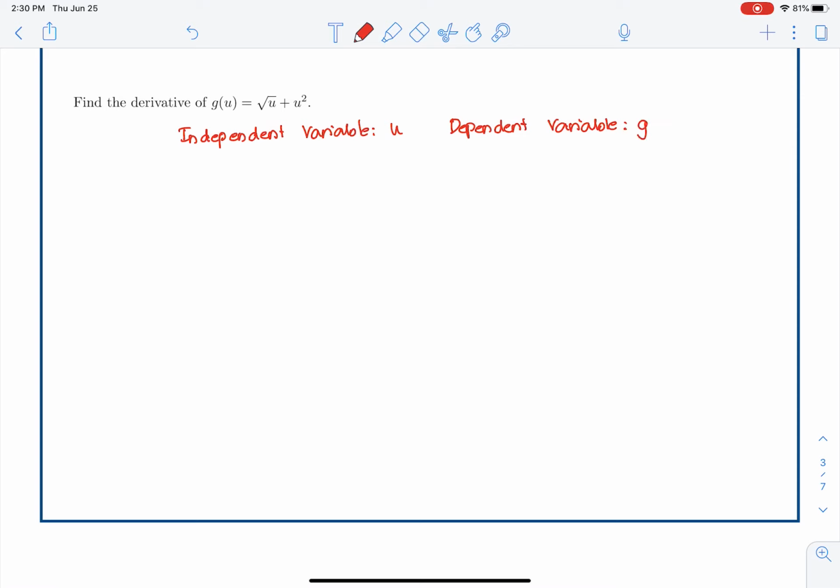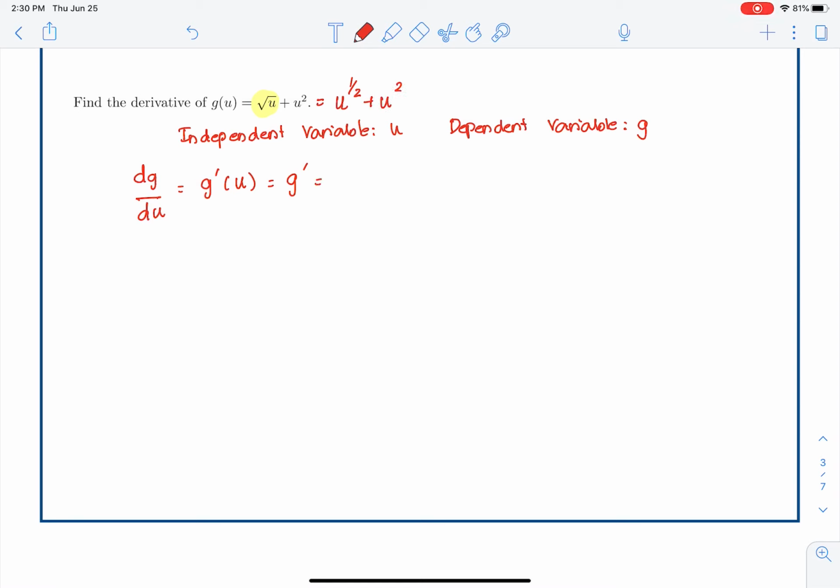What we're trying to find is dg over du, or g prime of u, or simply g prime. Now, you see that square root and you may say, oh, that is confusing. What should I do? Well, you could rewrite that square root of u as u raised 1/2. They are one and the same, and you have u squared.